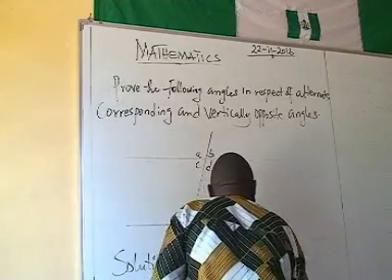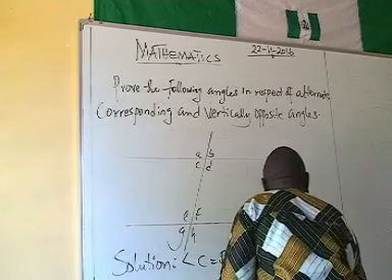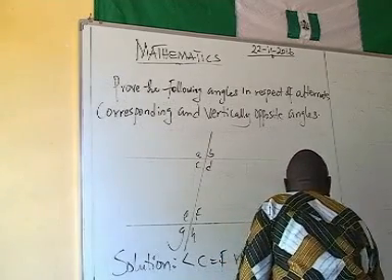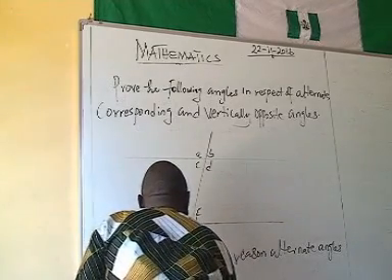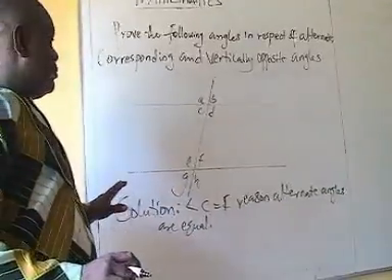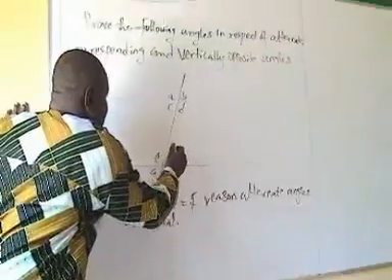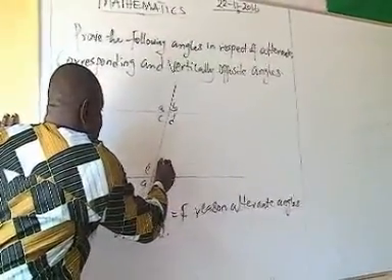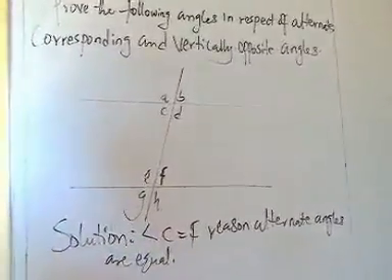Reason: alternate angles are equal. C equals to F. Reason: alternate angles are equal.